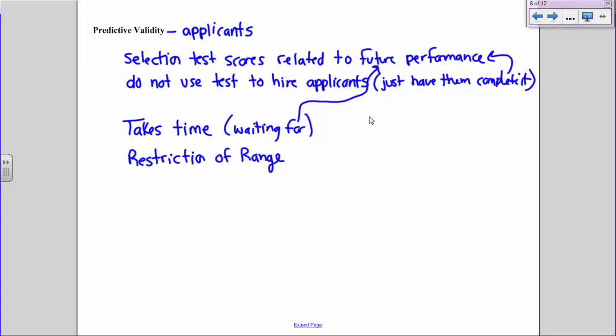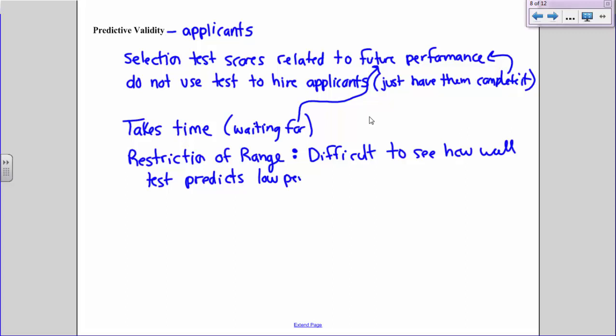So with restriction of range, it's difficult to see how well your test predicts low performance, because they were probably never hired to begin with.